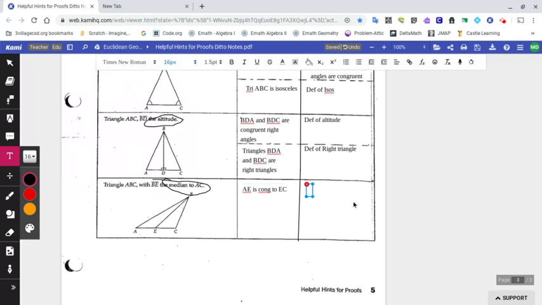By definition of median, it goes to the midpoint of that side, so that's why those two are congruent to each other.